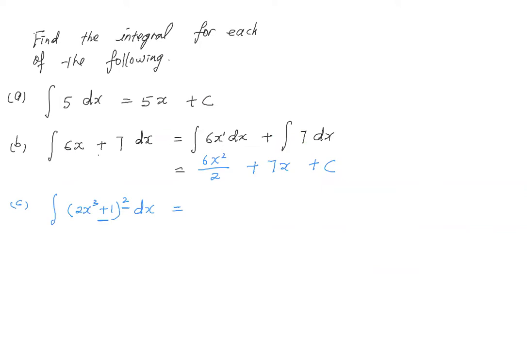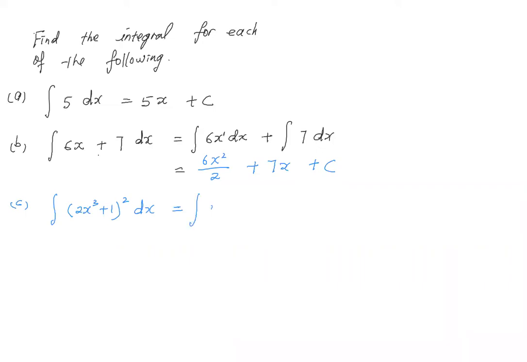So please remember, if you have cases like that, you have no choice but to expand. Understand? When you have a square, you expand. You cannot do any integral until you expand.